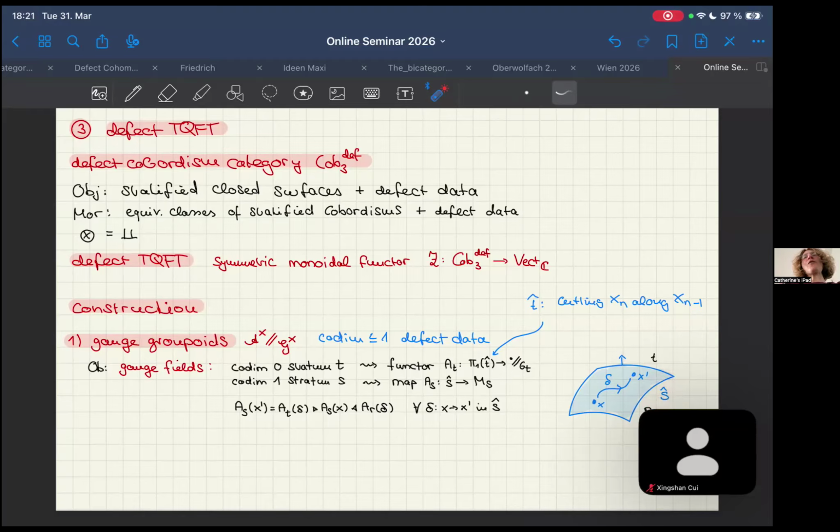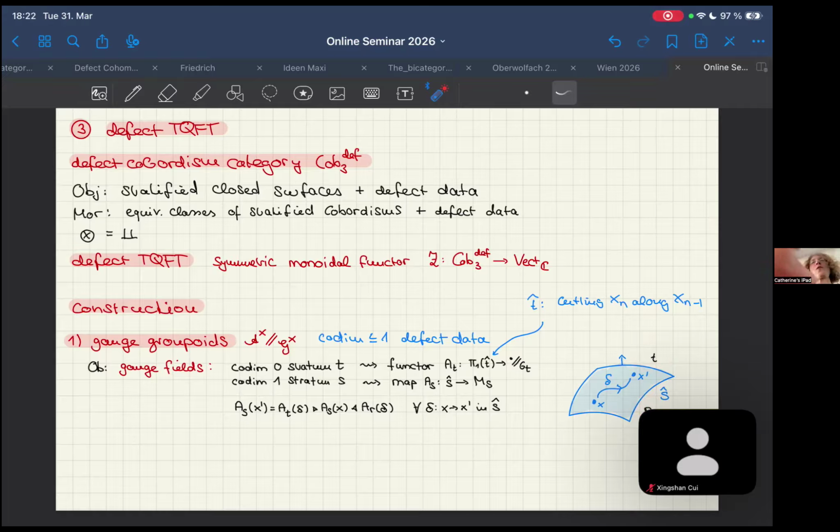And then there are two codimension 0 strata here called T and R. And the condition is that if one has a path on this space for the codimension 1 stratum, here this path delta, from some point x to a point x prime, then this path also belongs to the codimension 0 strata T and R. And these functors assign to this path a group element in the group for T and one group element in the group for R. And we then ask that the values of this map A_S at the endpoints x prime and x are related by the action of the group elements that are associated to the path, here and here. And one acts on the left and one acts on the right.